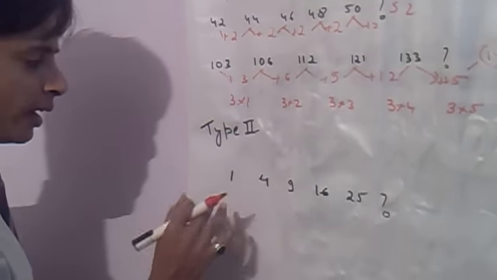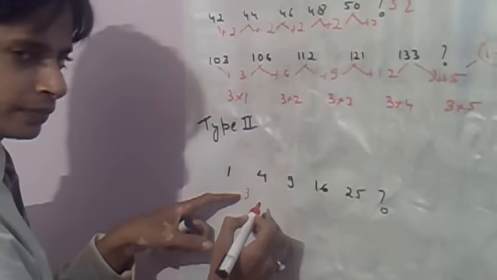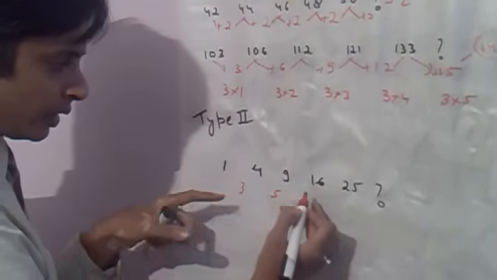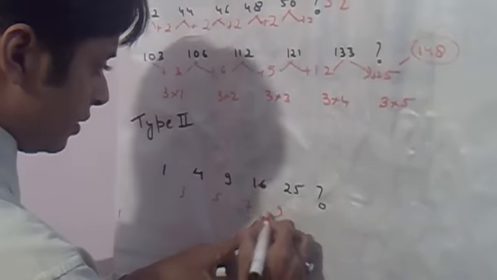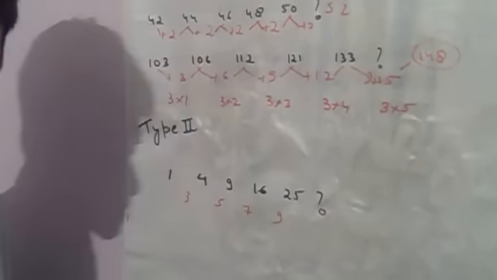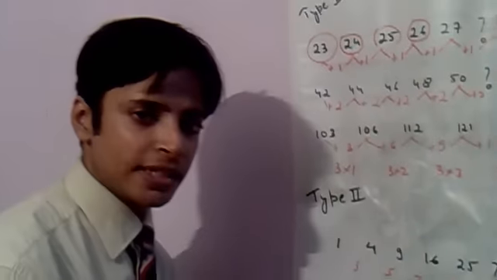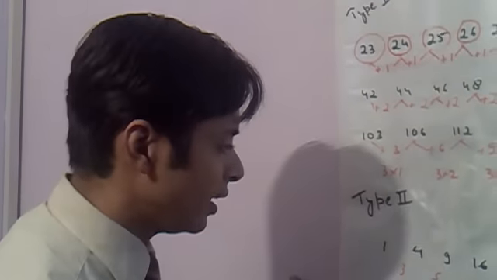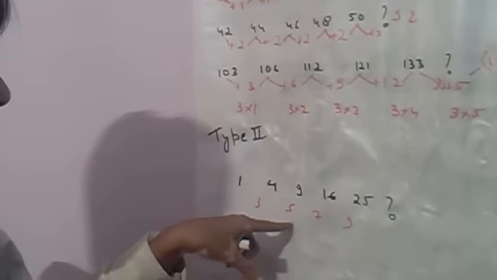The difference over here goes on to be 3, then 5, then 7, then 9. So friends, as we can see, the difference over here is progressing in the pattern of 3, 5, 7, 9.